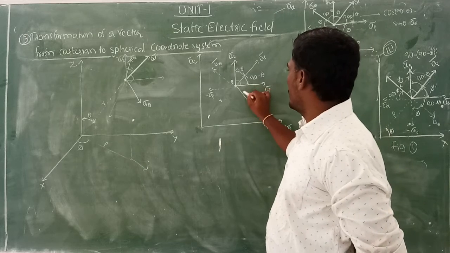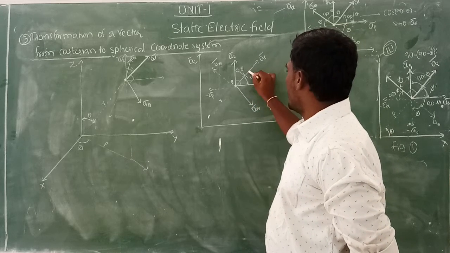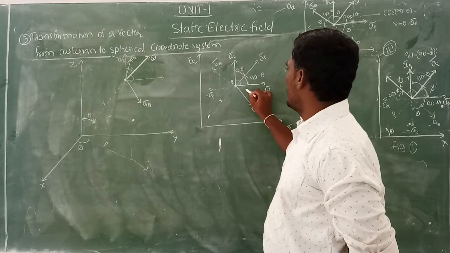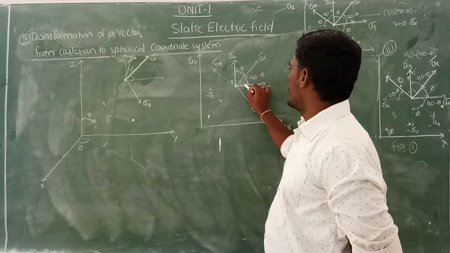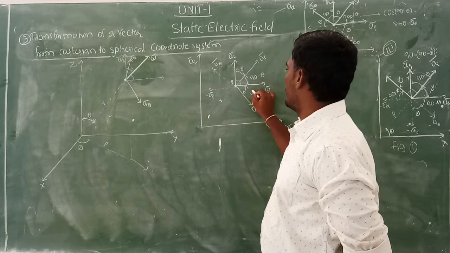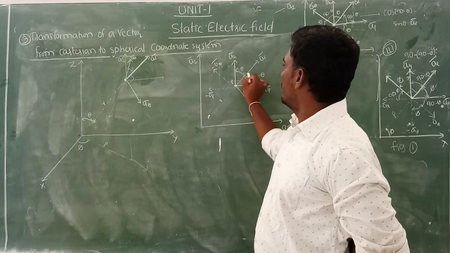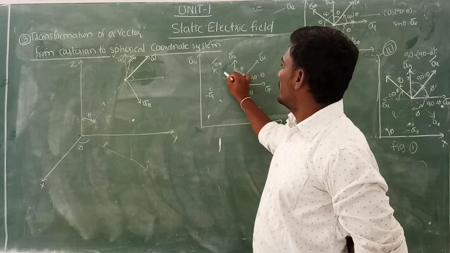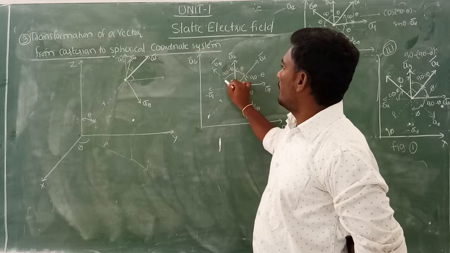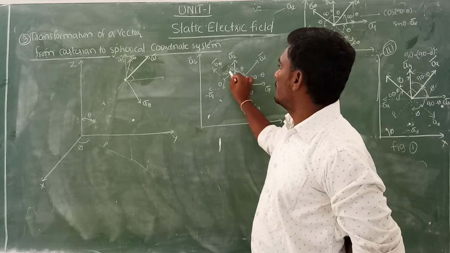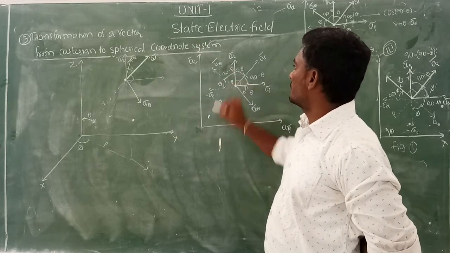And what about this angle? As the angle between a r and a theta is 90, 90 minus of 90 minus theta becomes theta. Similarly, if you subtract theta from 90, it becomes 90 minus theta, and again it is theta. Now you have all the angles.